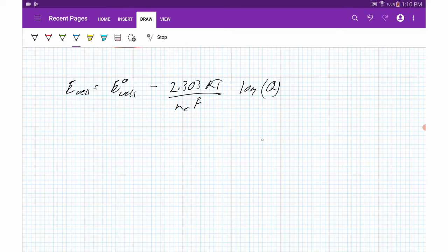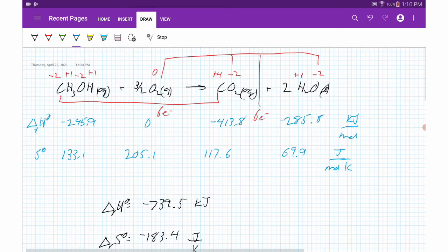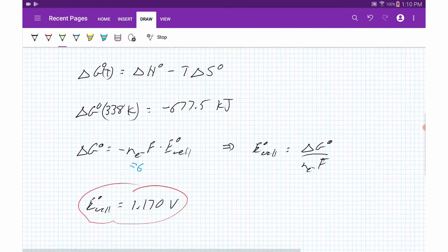Where, if we go back up to our equation, we find that Q, realizing the states of matter here, states of matter are important. We're making CO2 that is aqueous, not gaseous. We are using gaseous oxygen, but our methanol and our carbon dioxide are in aqueous form.